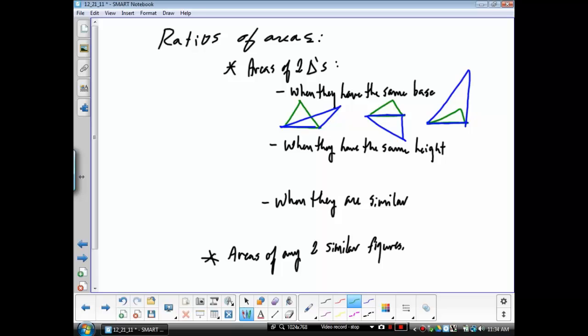Here we have the two heights. This one's height is in green. This one's height, a height is always from a vertex perpendicular to the opposite side, is maybe a little shorter. Extend that side. That's the height of that triangle. So we have a height 1 and a height 2. We put a little subscript 2 and a height 1. That would be the same with each of these.